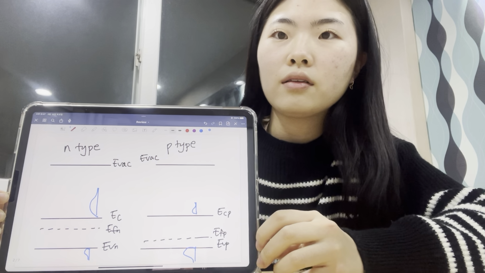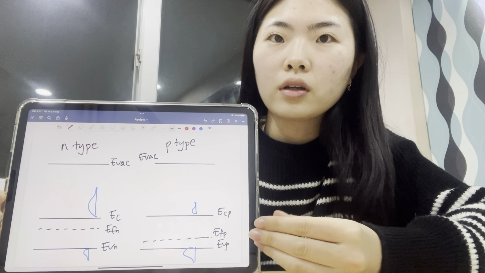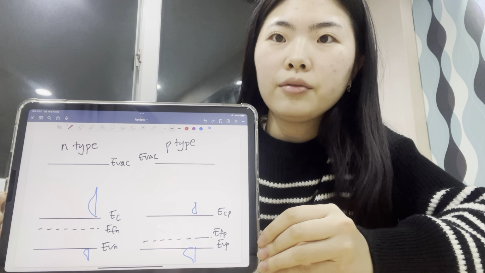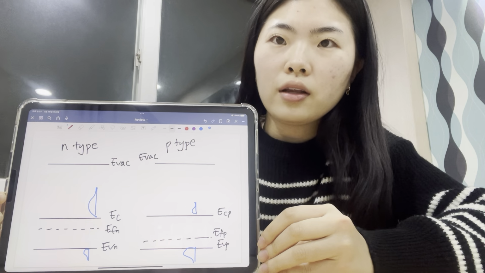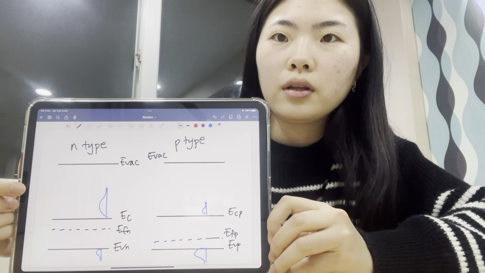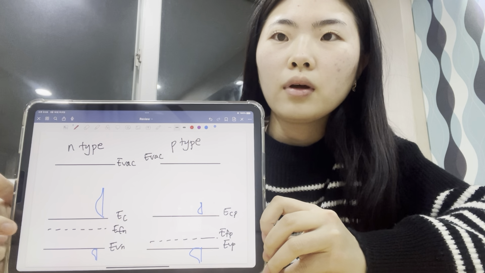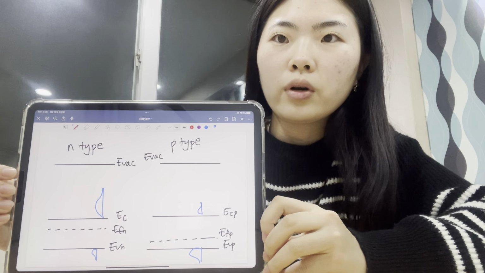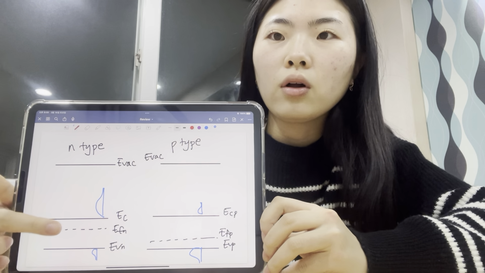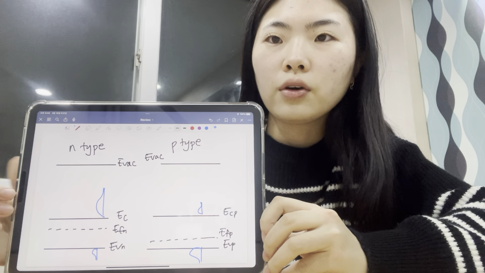And then let's talk about the electron and hole concentrations of the two types, N-type and P-type. First, let's look at the N-type. N-type has more electrons than P-type semiconductors, so there are a lot of electrons here.